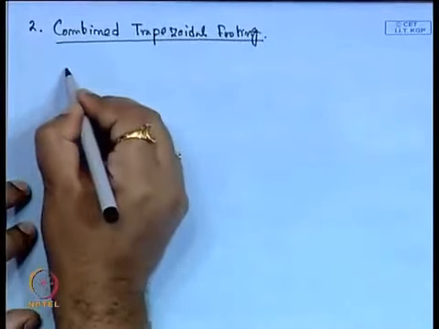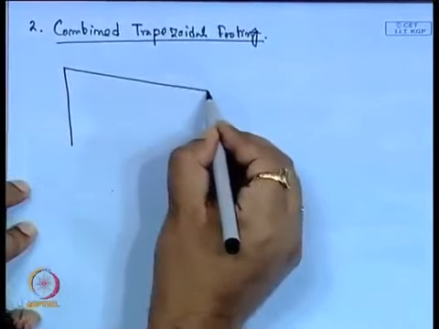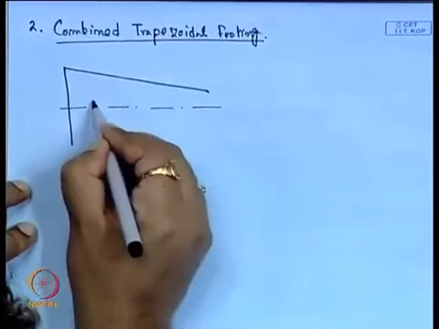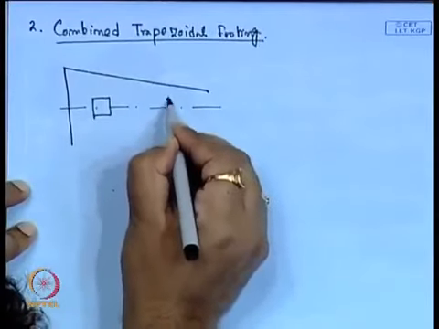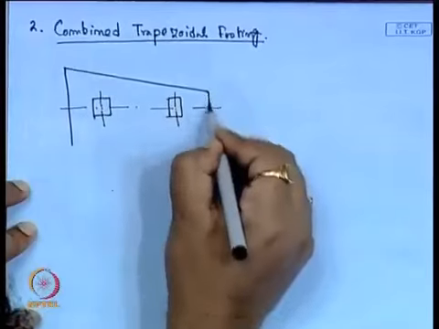Suppose this is the dimension of the footing, this is the center line, this is the position of one column and this is the position of another column.